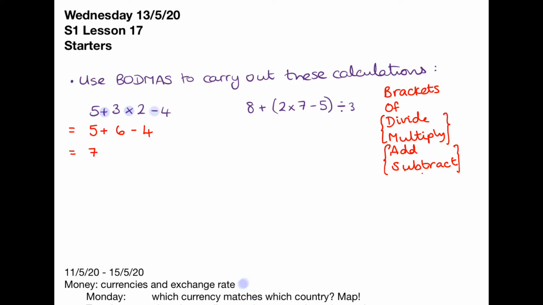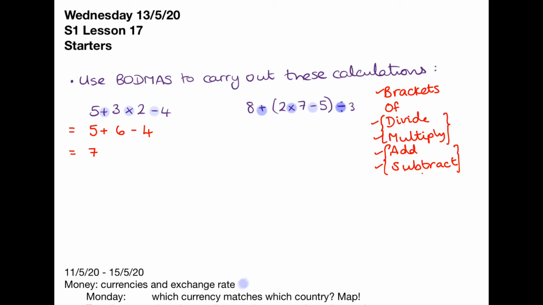Okay, the next one is certainly more complicated. So we've got an add, a multiply, a subtract and a divide. We've got lots of things to do there. Plus, we've also got the brackets. Okay, so in this question, we've got brackets, we've got a divide, we've got a multiply, we've got an add, and we've got a subtract.